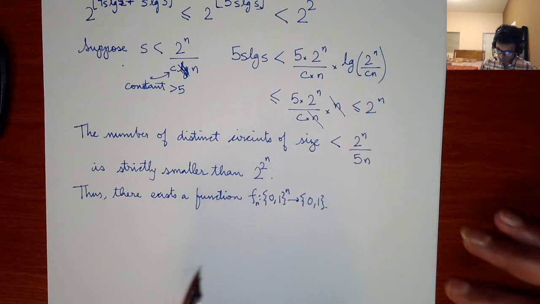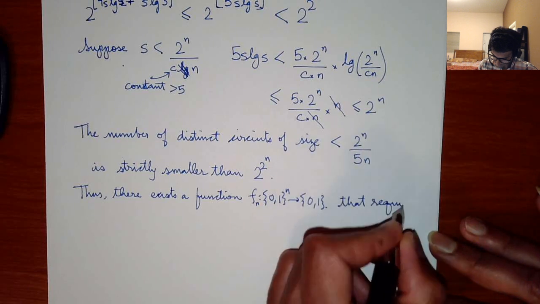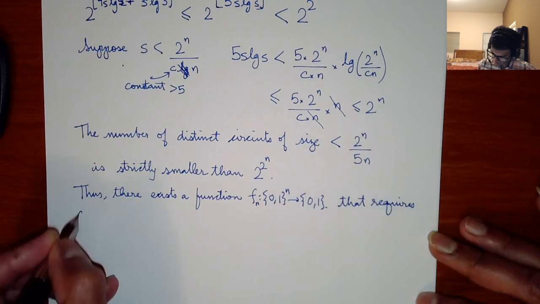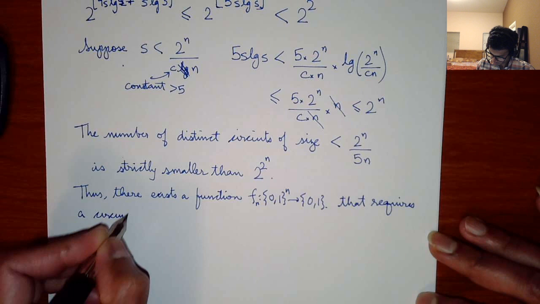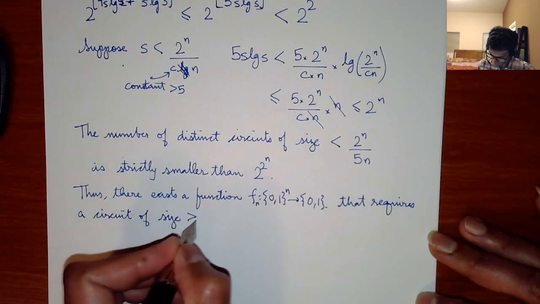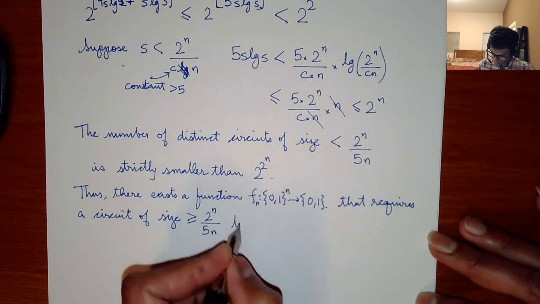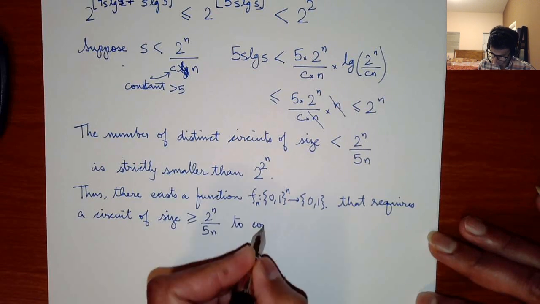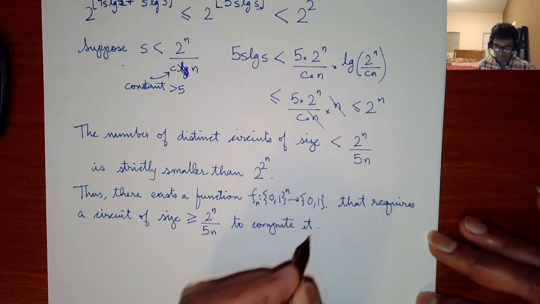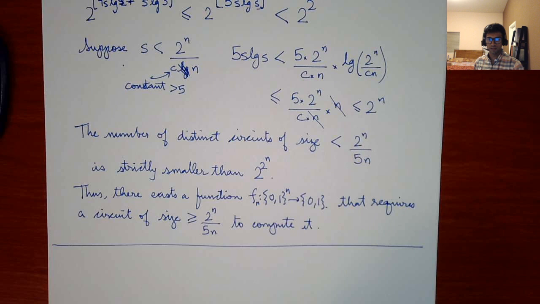There exists a function that requires a circuit of size at least 2 to the n divided by 5n to compute it. And this ends the first part of Shannon's theorem.